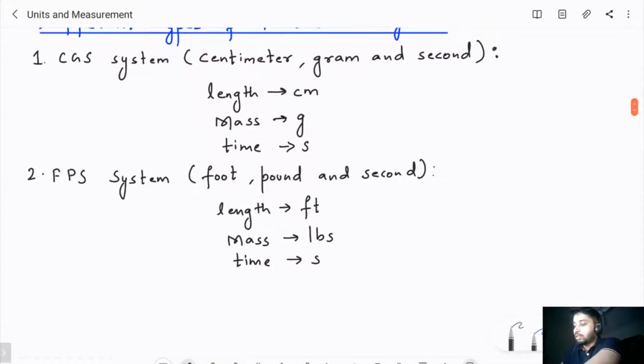The third type of system that we have is the MKS system. MKS stands for meter, kilogram, and second.